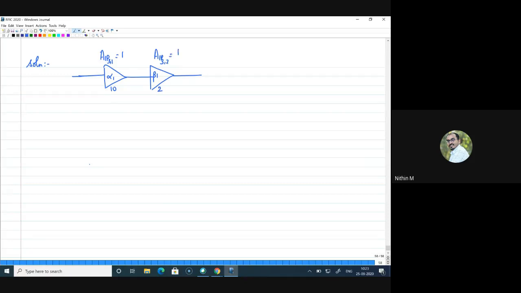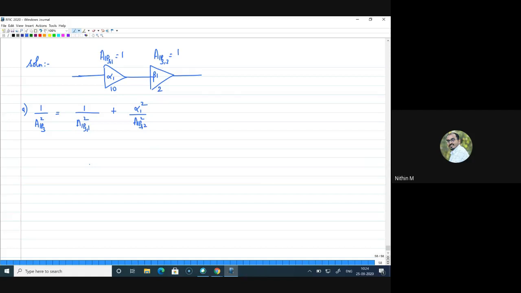To solve the A part, 1 by AIP3 total square is equal to 1 by AIP3 1 square plus alpha 1 square by AIP3 2 square. So this is the formula.